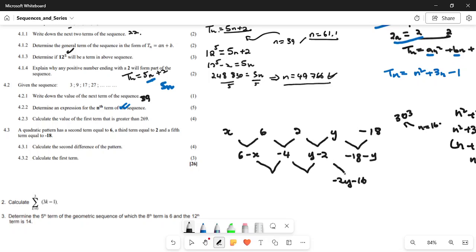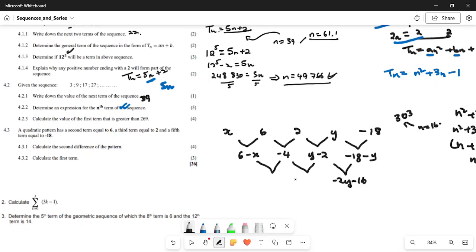Please write this down on your side if you're not following correctly, because I'm cutting corners since I don't have plenty of space. So please write this down so that you see exactly how I found minus 16. And then y minus 2 minus minus 4.